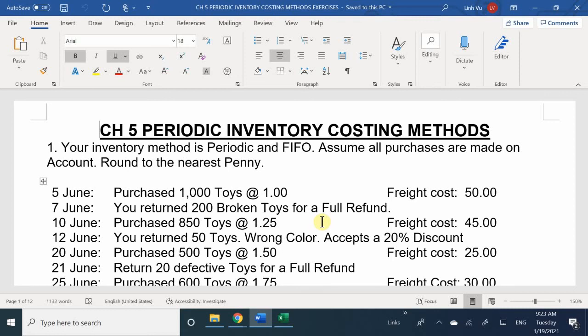Now, this is assuming that this came from the previous batch, right? Because oftentimes, when you make lots of purchases of inventory, if you've already opened up the box on June 5th, that's the first batch, right? Do you think your vendor is going to allow you to return from that same exact batch on the 7th?